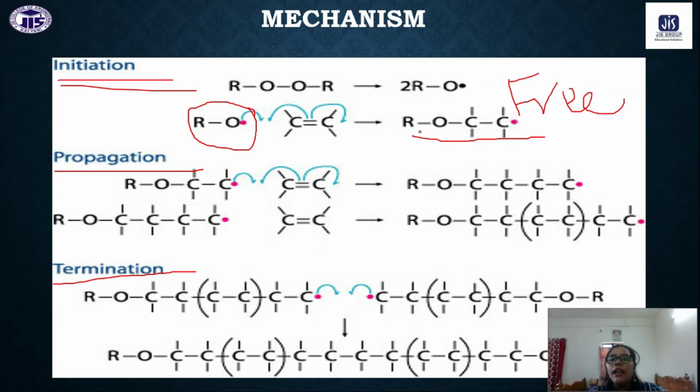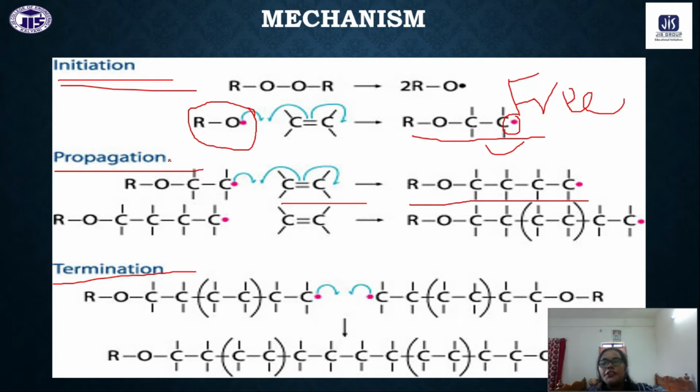This double bond will break, and the free electron, previously on the oxygen atom, will after joining be on the carbon atom. Now this free radical again attacks another ethylene moiety, and again a free radical forms. This is called propagation.